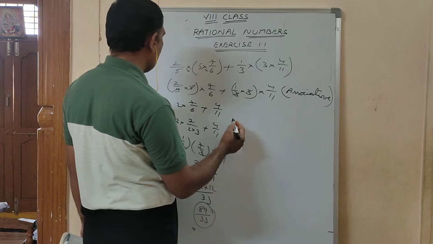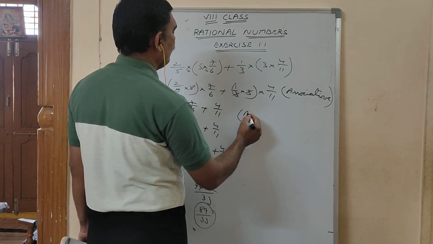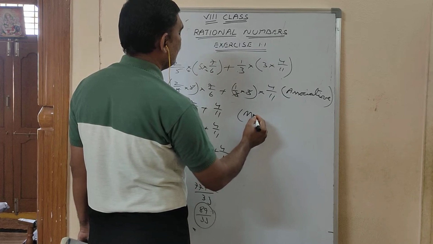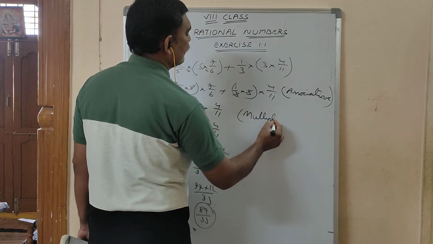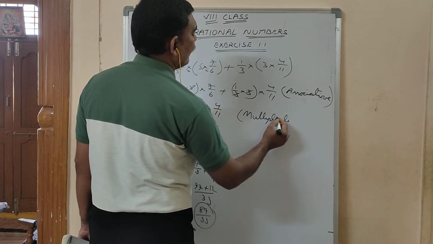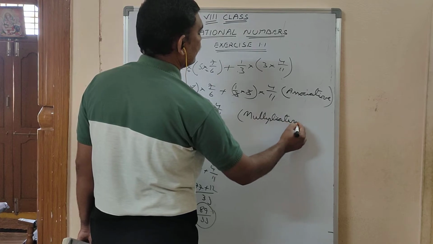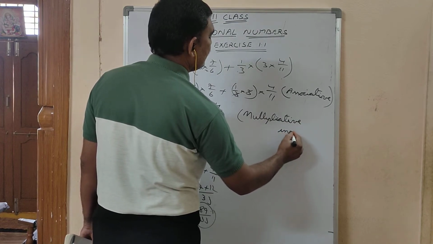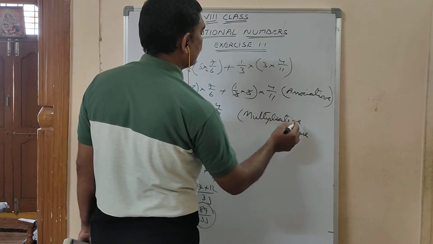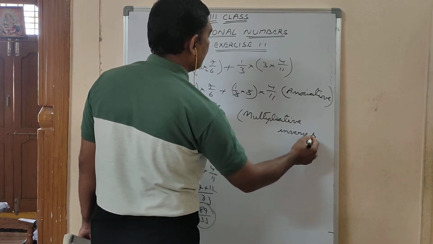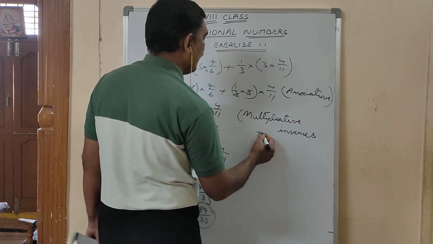Those properties you have to list, like multiplicative inverse and multiplicative identity.